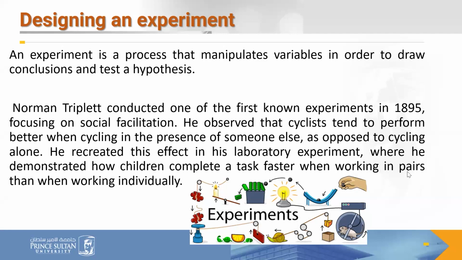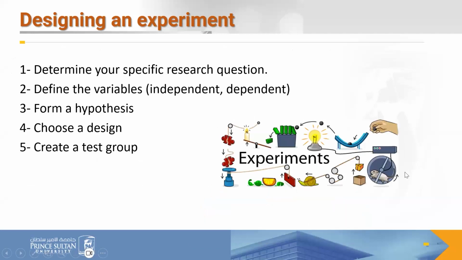That was an experiment. When we do an experiment, we need again to make sure that the experiment we design matches our research question, defines the variables well, what is the independent variable, what is the dependent variable. It is based on a hypothesis that we generate, and it works with a good design, and the groups are also balanced.